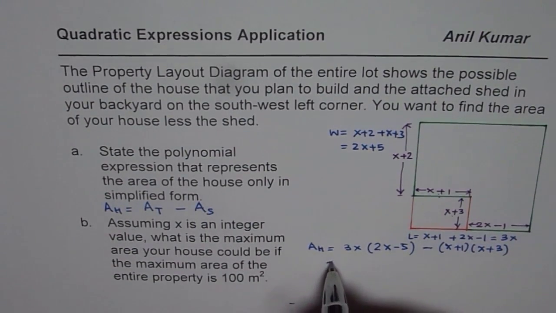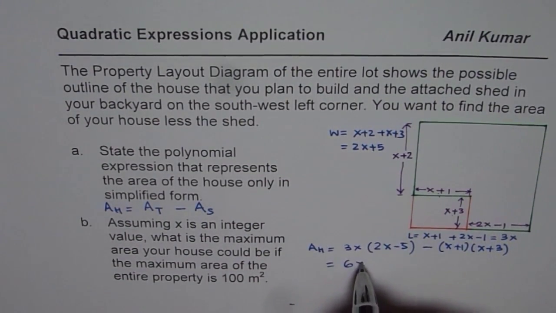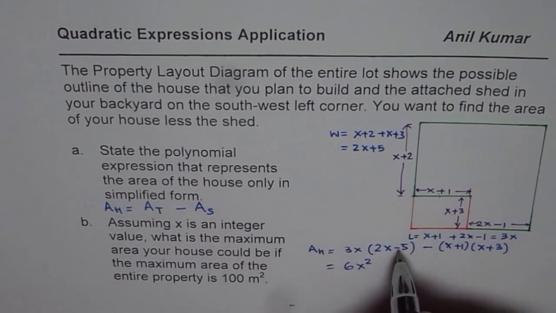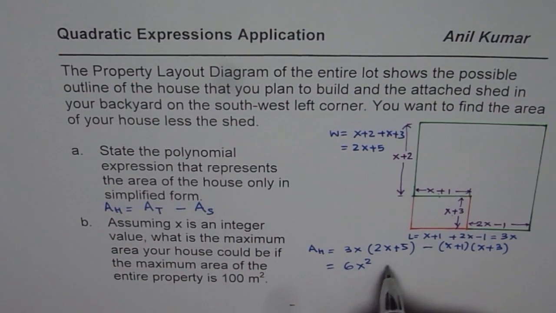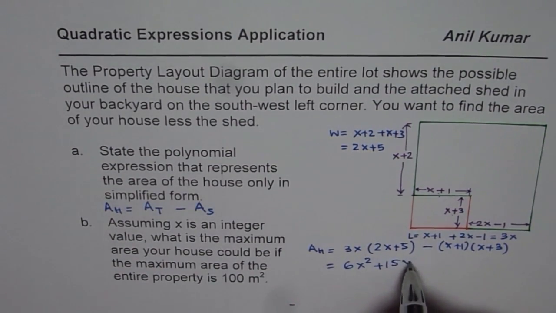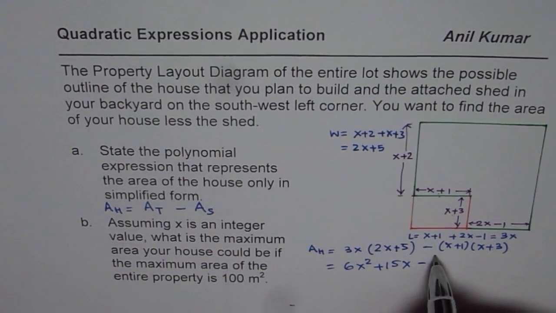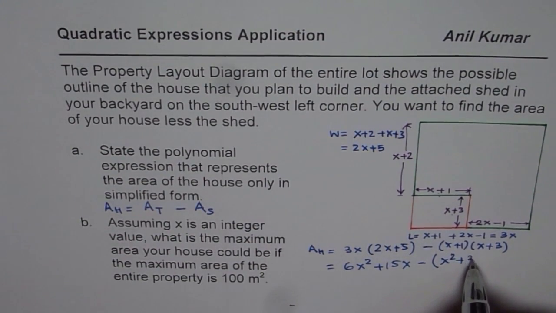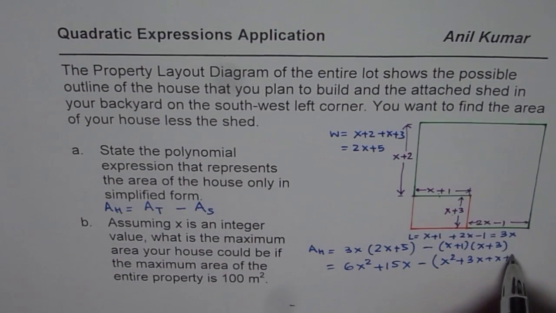Now let us expand. So we get 6x squared, I'm sorry, this is plus, plus 15x. And when you expand this, let me write it in brackets first: minus x squared plus 3x plus x plus 3. Is that okay?